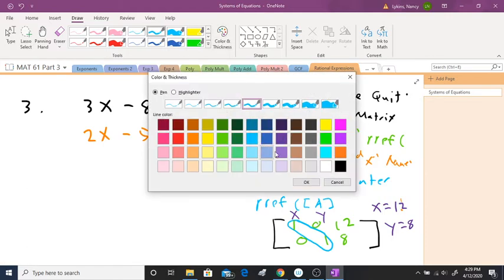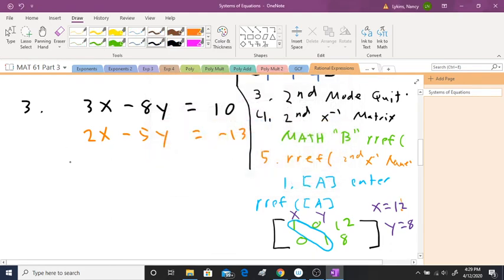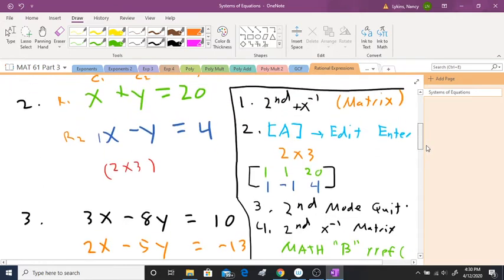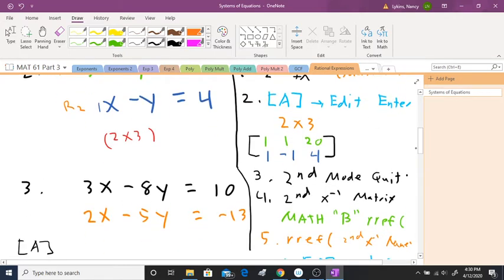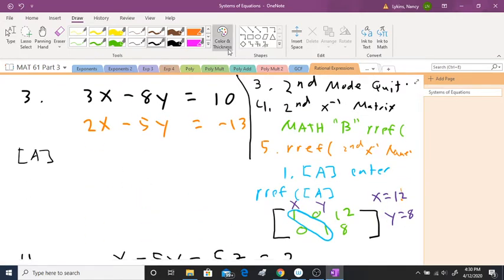Now, on my number 3, if you want to use this as my matrix A, that's perfectly fine. If you look at it, it's also a 2 by 3. So if you use your A and 2 by 3, all you have to do is go to edit, like we did before, and put in our numbers.